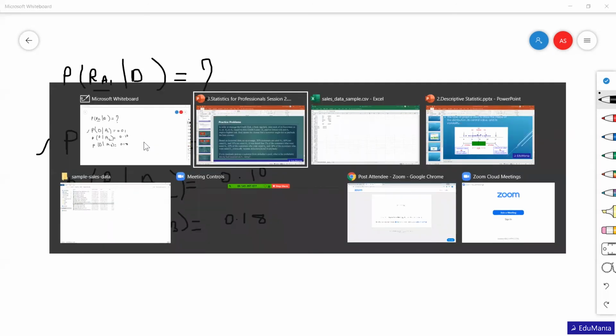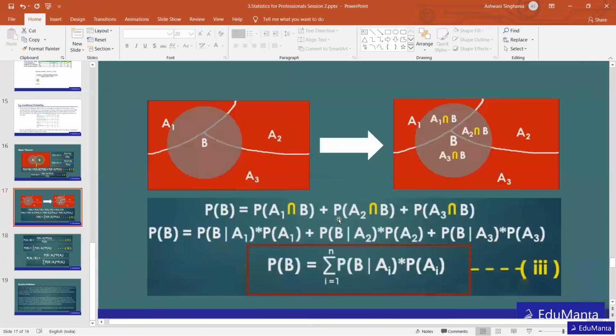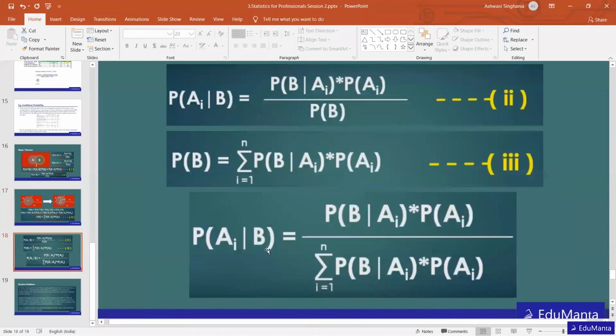Just looking at the formula which we have derived, if in place of this pool we replace it with defaulters, what is given is this whole thing, and what we need to find is A1 where D has occurred, from the pool of defaulters.